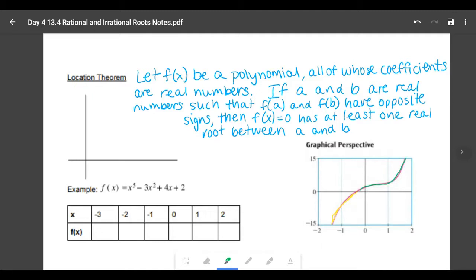If I were to select any a value, let's say here's a, this is a negative number as an output, and then here's b, this has a positive number as an output. I know that there needs to be at least one real root, otherwise known as an x-intercept, somewhere between a and b, which, as you can see, there is one. It has to, in order to go from the negative side to the positive side, it has to cross over the x-axis somewhere, and the x-axis is where you would find your root.